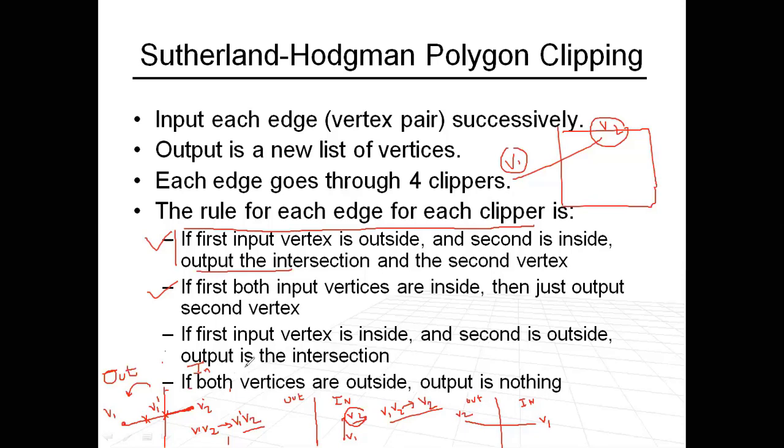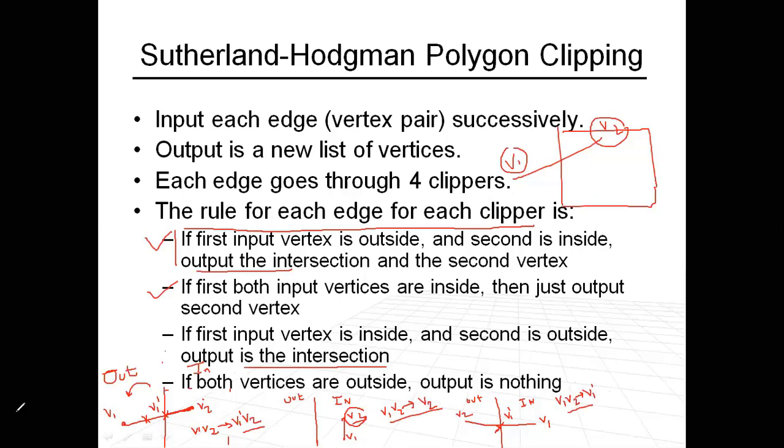So the output is the intersection only. You are going to save only the intersection, that is v1 dash. We are moving from v1 to v2 and the resultant is v1 dash.